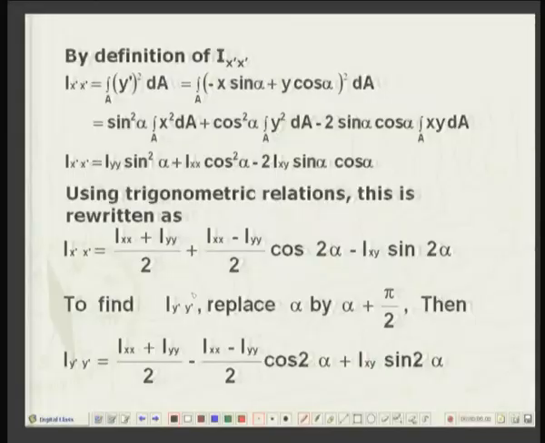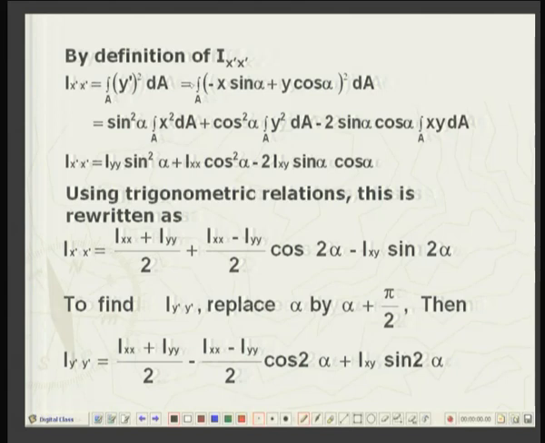Now, by definition the new second moment of area, Ix dash, is equal to the area integral of y dash square, taken over the entire given area. Substituting for y dash from the previous equation, we have the area integral of minus x sine alpha plus y cosine alpha, whole square.